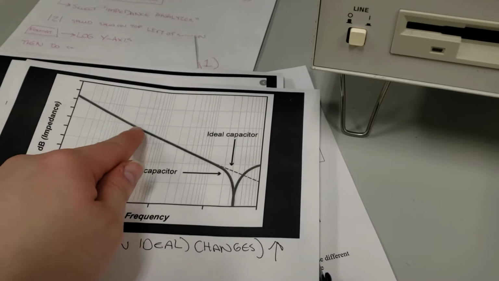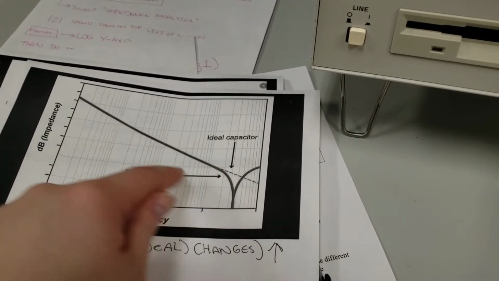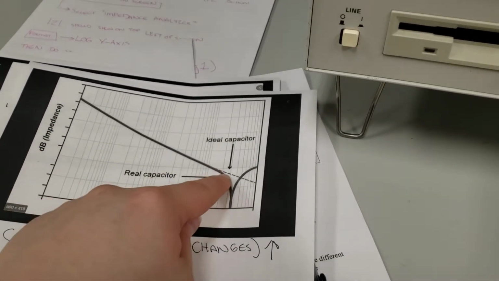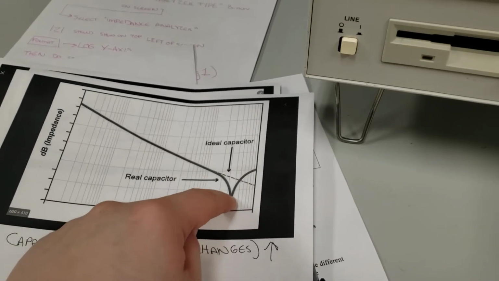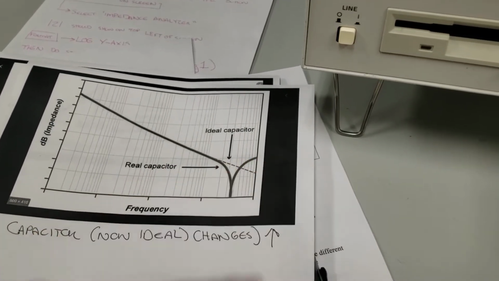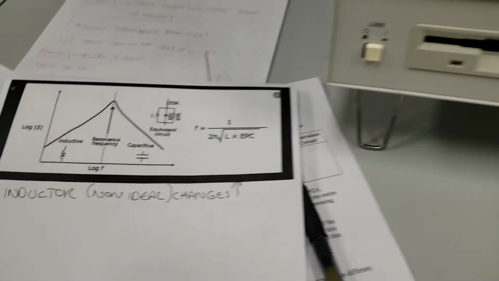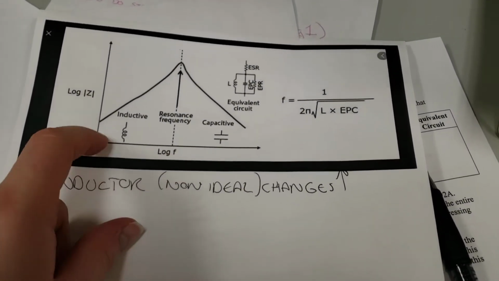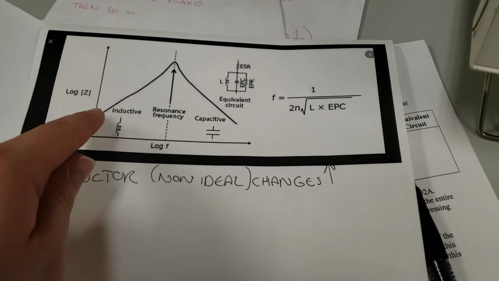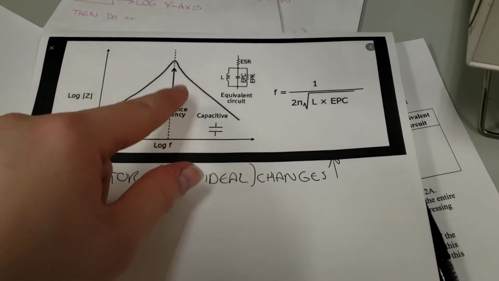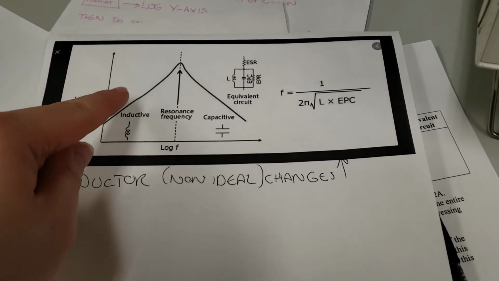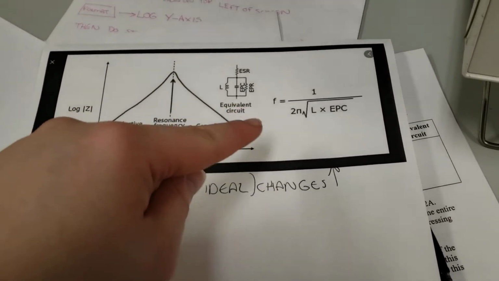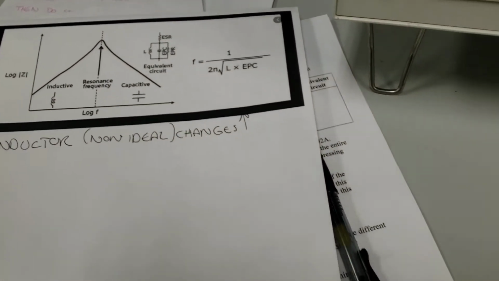However, with a real capacitor, what we see is there's this big dip. So it acts like a capacitor, and then there's a dip, and then it begins to act like an inductor, because with an inductor, when you have log Z versus frequency, there is a rise until the resonant frequency where it's acting like an inductor, and then it'll begin to act like a capacitor.